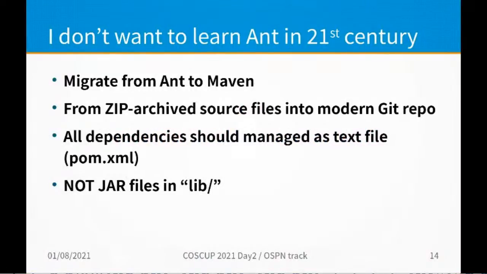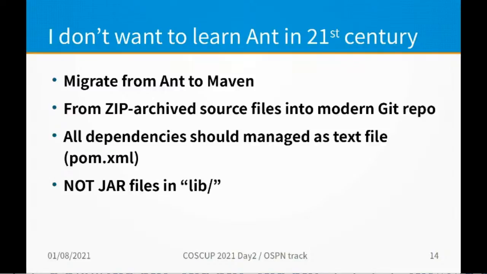jOpenDocument is a very old library, and they use Ant. Ant is a Java build system from the good old days, but honestly, I don't know Ant so well, and I don't want to run Ant nowadays. So I decided to migrate from Ant to Maven, from the archived source files into a modern Git repository.